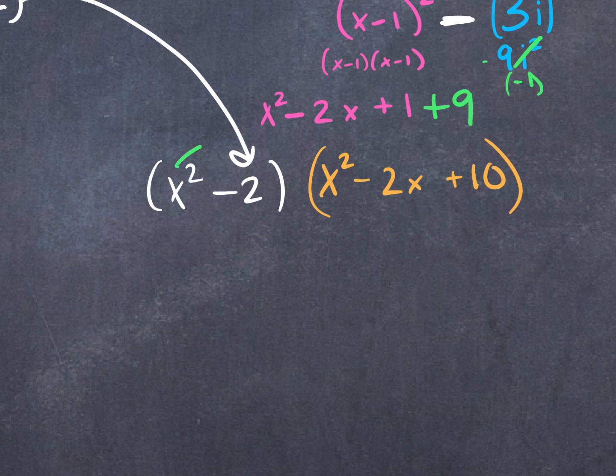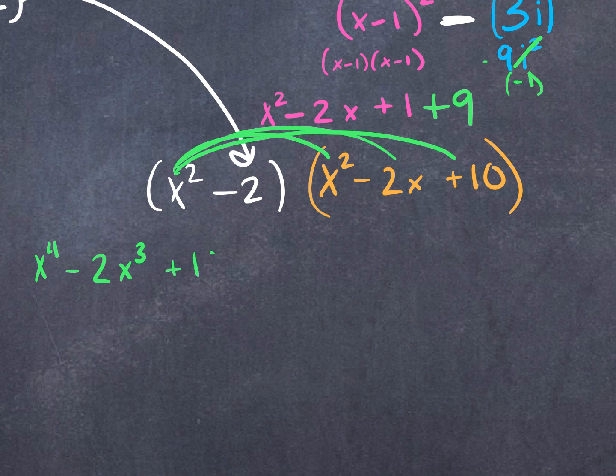So x squared times x squared is x to the 4th power. X squared times negative 2x. Negative 2x to the 3rd power. X squared times 10. So plus 10x squared. Perfect.